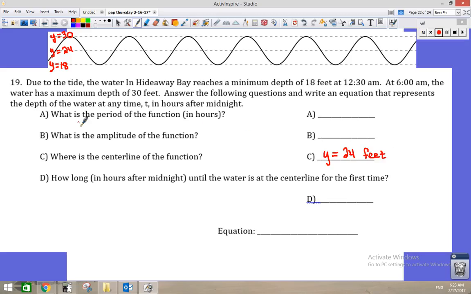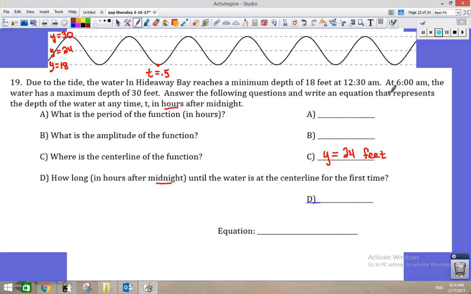We want to work in hours, and we want to start at midnight at 12 a.m. So at 12:30, that's t equals 0.5, that's half an hour later, we're at a minimum depth. So here I'm at a minimum depth, and I can call this t equals 0.5.